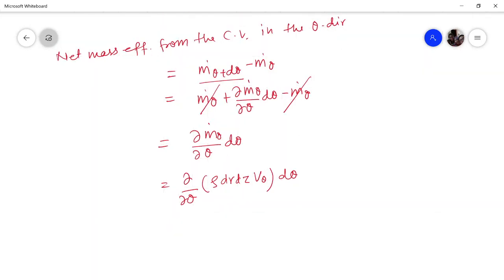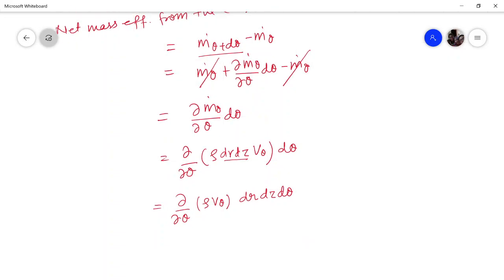So it is rho dr dz v theta d theta. So as you can see that this is the partial derivative with respect to theta. So dr dz will be considered as a constant and can be taken outside. So this becomes del by del theta of rho v theta dr dz. Now you do the same thing, you multiply and divide by r.